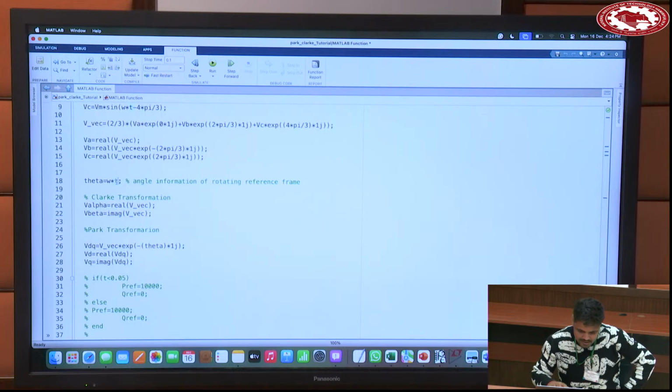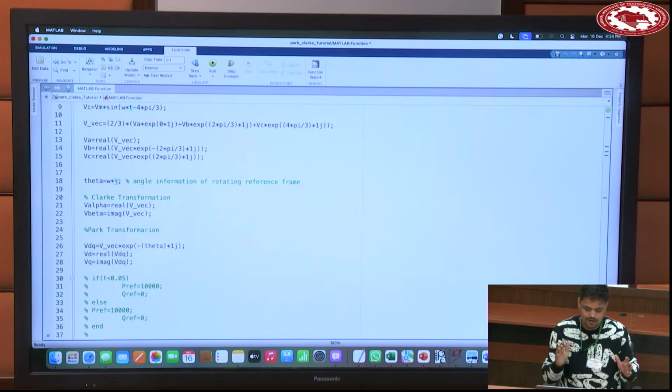Now I am shifting this reference frame to pi by 4 from the A phase. What do you think?